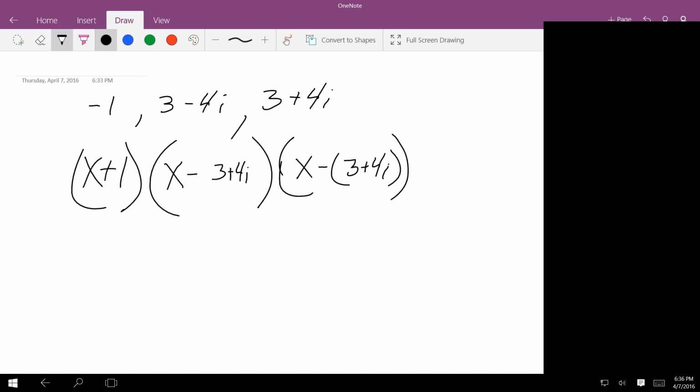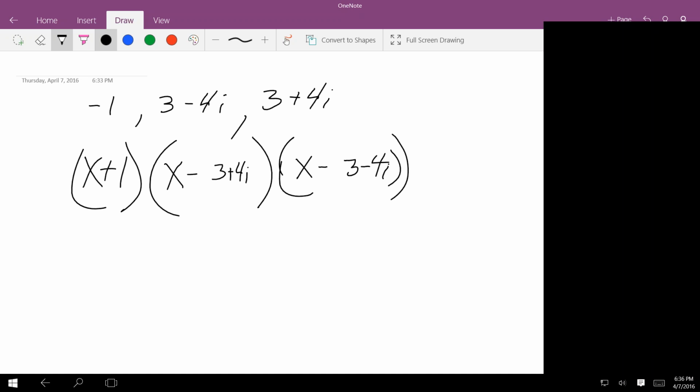And when I remove the parentheses over here, that turns into a minus. So those are our factors. If we multiply those three factors together, we'll have our polynomial. In other words, it's pretty much the reverse of factoring. If I gave you a cubic polynomial and I said solve it, you'd do the whole process in reverse.